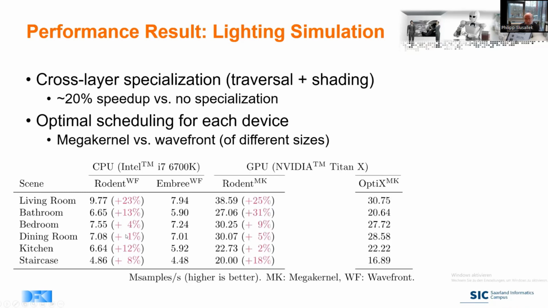So if we compare the same high-level program on the GPU, if we use the same approach from NVIDIA for how to implement the ray tracer, we're up to about 30% faster, right?